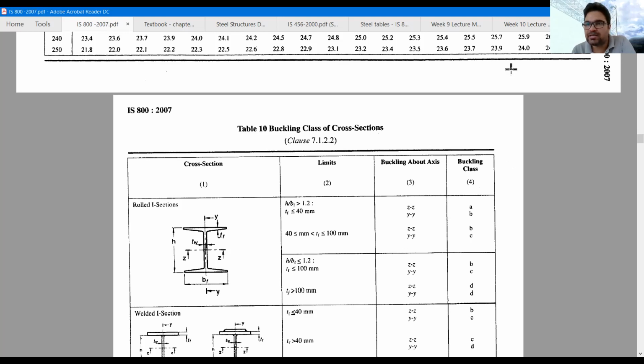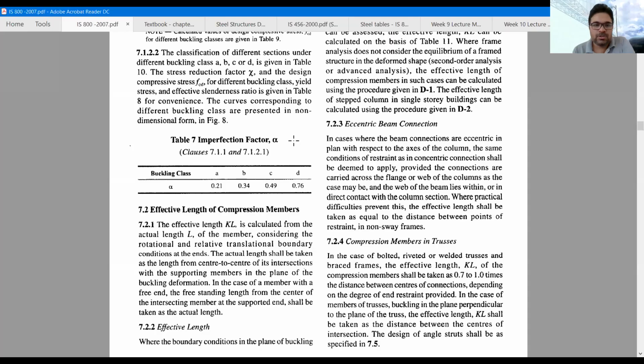I will show you that alpha table. There you can see this is table 7, which is about the imperfection factor alpha. So alpha depends on buckling class. Our angle section belongs to class C, and for that the alpha value is 0.49. So we will put this alpha value in our formula to calculate the value of phi.